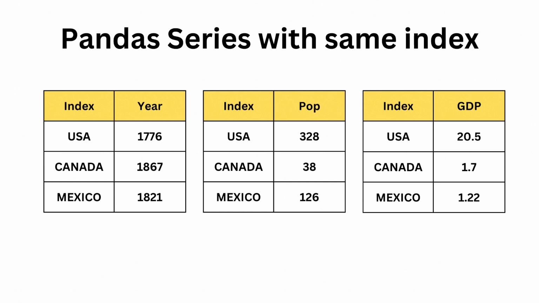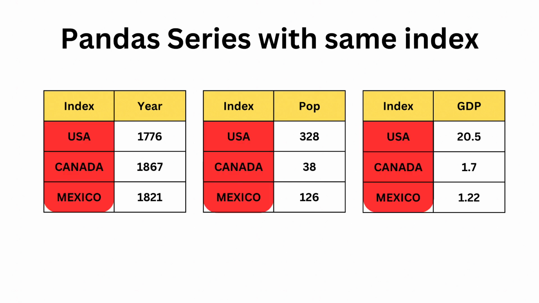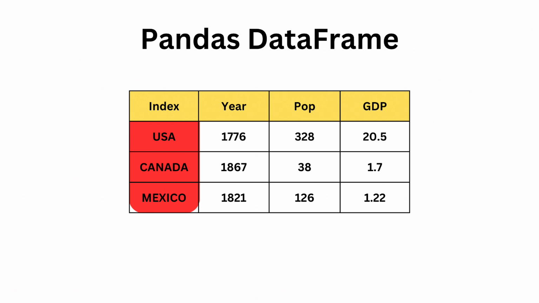You'll notice that each of these individual 3 series actually has the same index, USA, Canada, Mexico, and so on. And so what we can do is combine these 3 series that share the same index into a single data frame with the same index, just with multiple columns. And so that's all a data frame is. It's just several series that happen to share the same index.